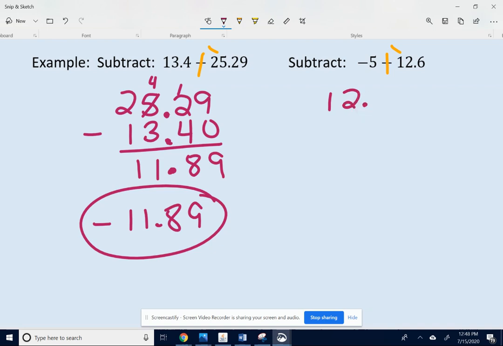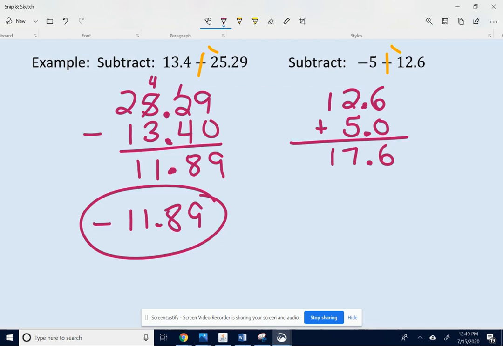Notice I just put the 12.6 first because it has more digits. We have to make sure that the decimal point after the 5 is lined up right underneath the decimal point of 12.6. Add these up, you get 6, 7, 1. 17.6.